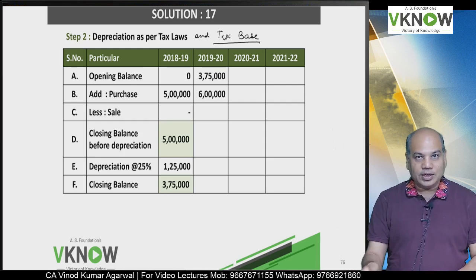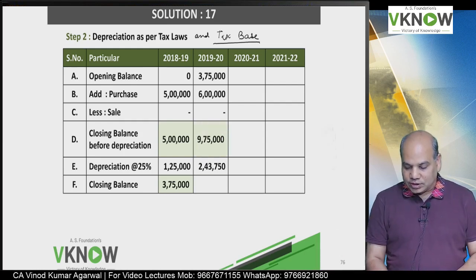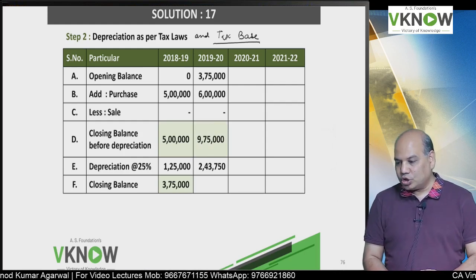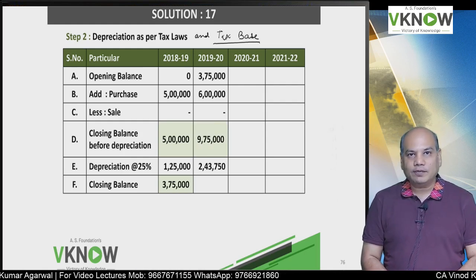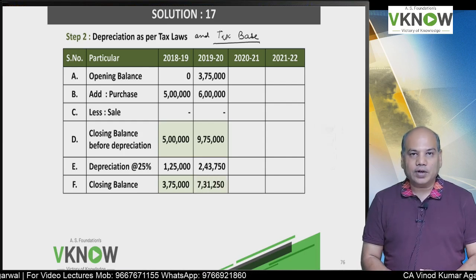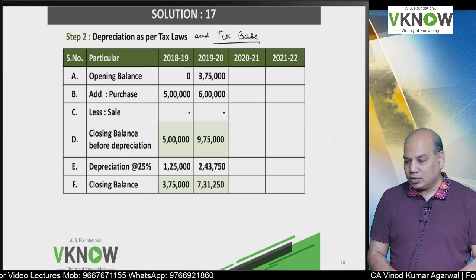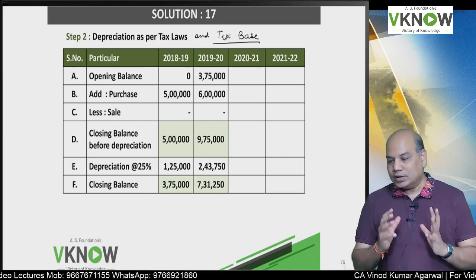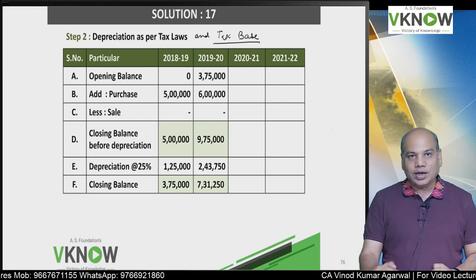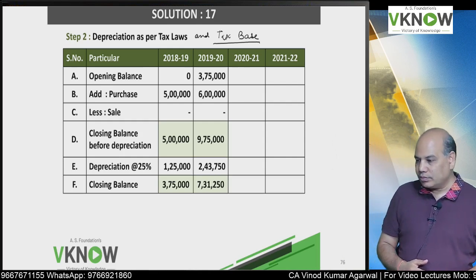You have to complete the table yourself. Next year, purchase 6 lakh. Closing balance before depreciation 9,75,000. Depreciation at the rate 25%, 243,750. Therefore closing balance 731,250. Now I would ask you to complete the remaining 2 years on your own.